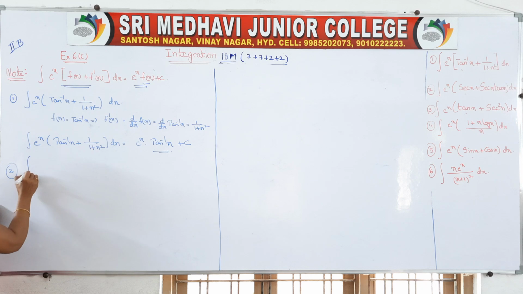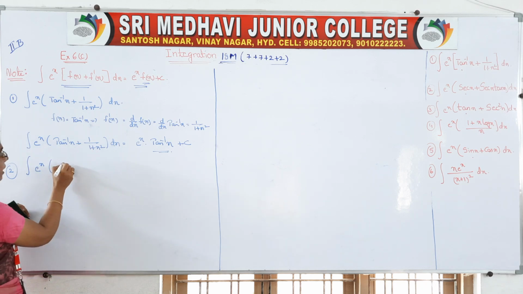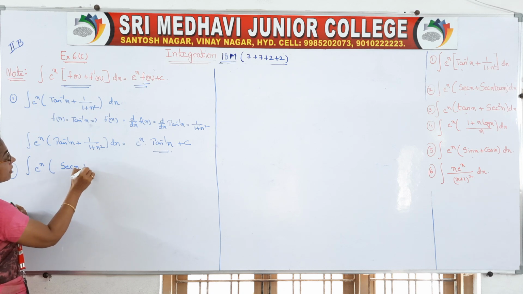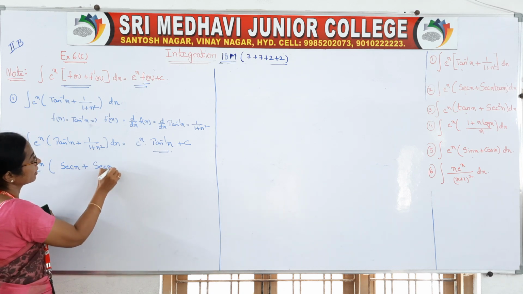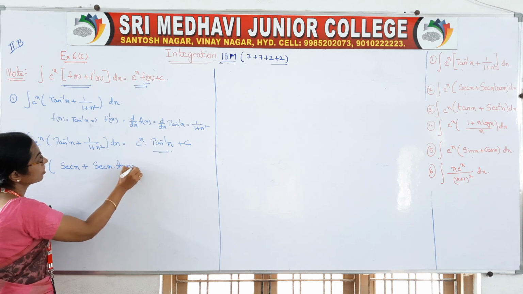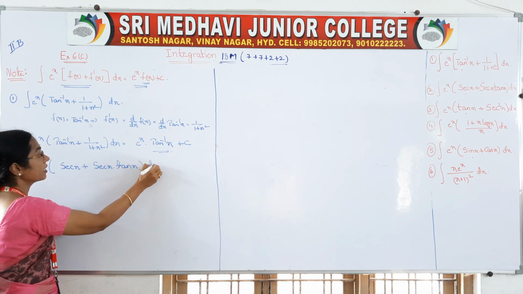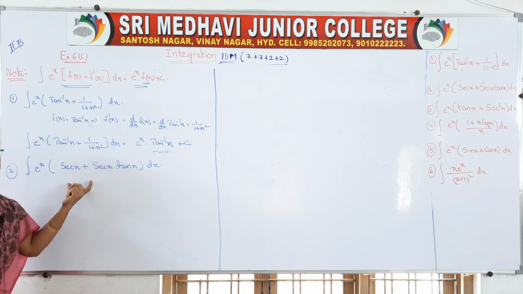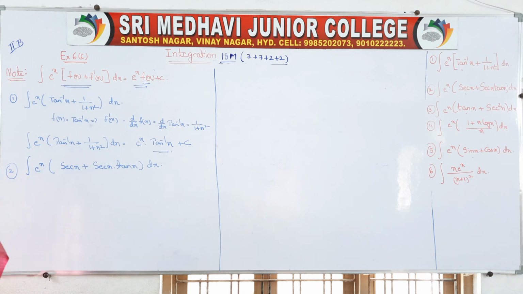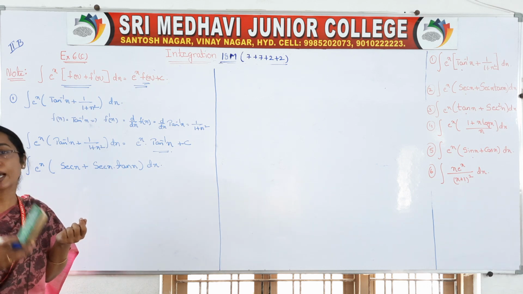It is integral e to the power of x into secant x plus secant x tan x dx. Now I said whenever the question is in this form, e to the power of x and inside the brackets two terms are there, we have to take one term as f of x and by differentiating we have to get the other term.